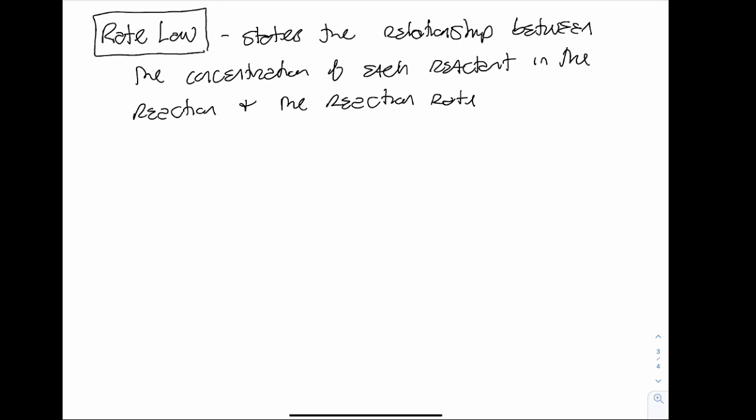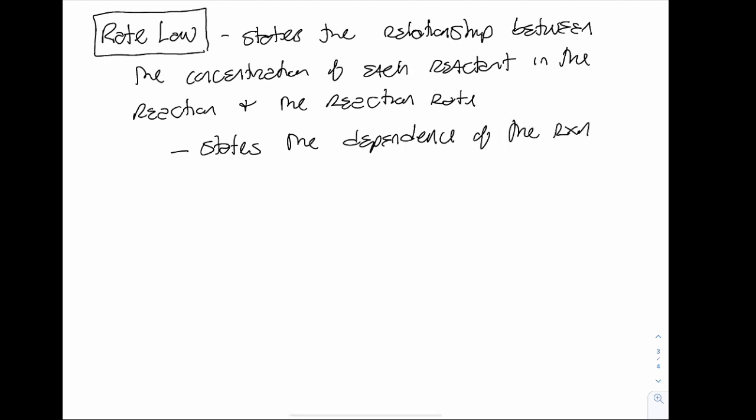So it states the dependence of the reaction rate on concentration, and it's concentration of reactant.